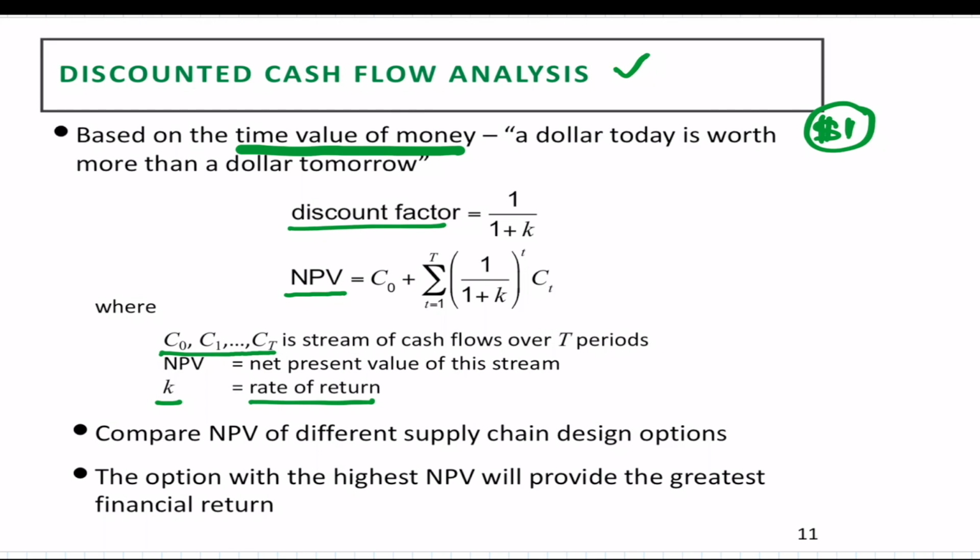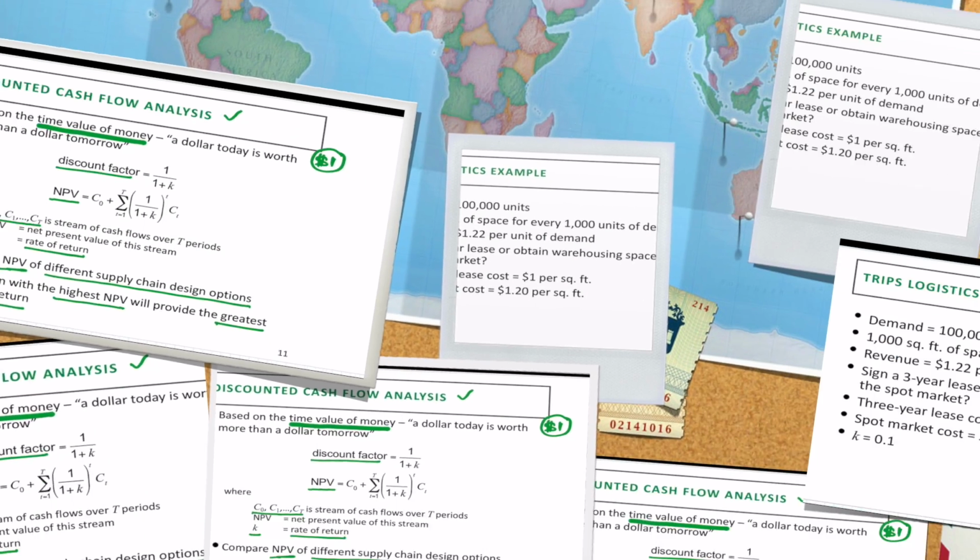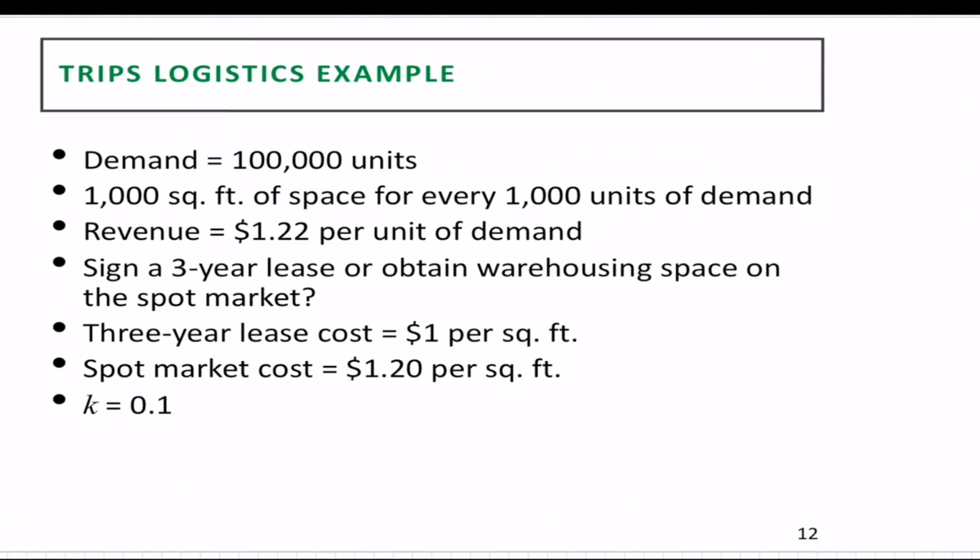So once we do the calculation, we can compare the net present value of different supply chain design options that a manager may have, and then the option with the highest net present value could be chosen because that will provide the greatest financial return.